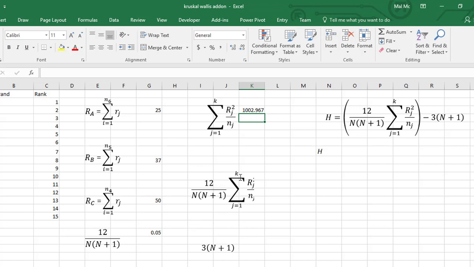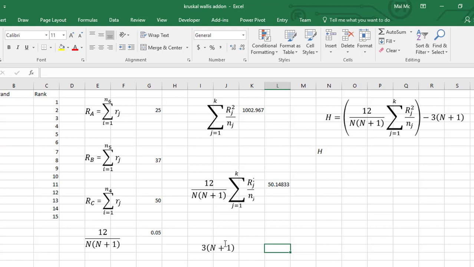So now on to this bit of calculation right here. We just need to multiply this 0.05 times 1002. Okay, so there should be an R squared right here, as is in this H statistic over here. So we're just going to say equals 0.05 multiplied by 1002.967, and we have 50.14833.